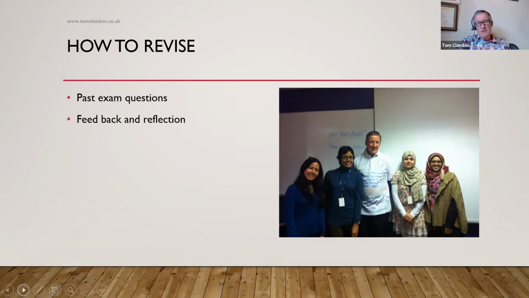If you haven't got a tuition provider, try and have a friend read your answer and help you reflect on what you've done well and what you could do to improve. Remember about the white space. Remember about the length of your answers.